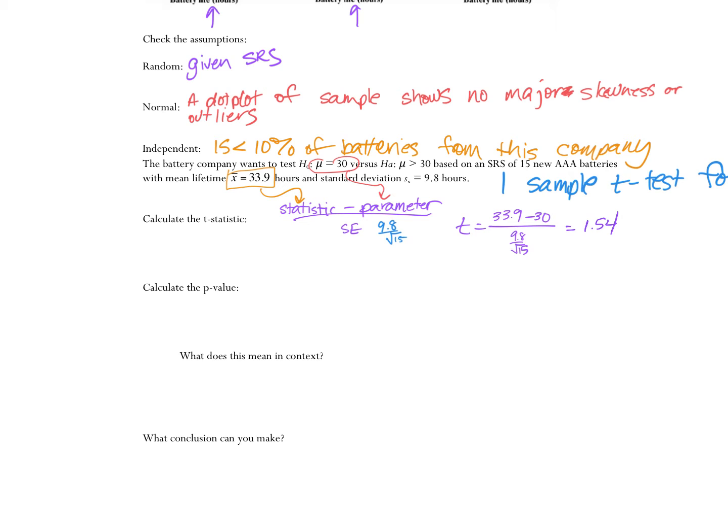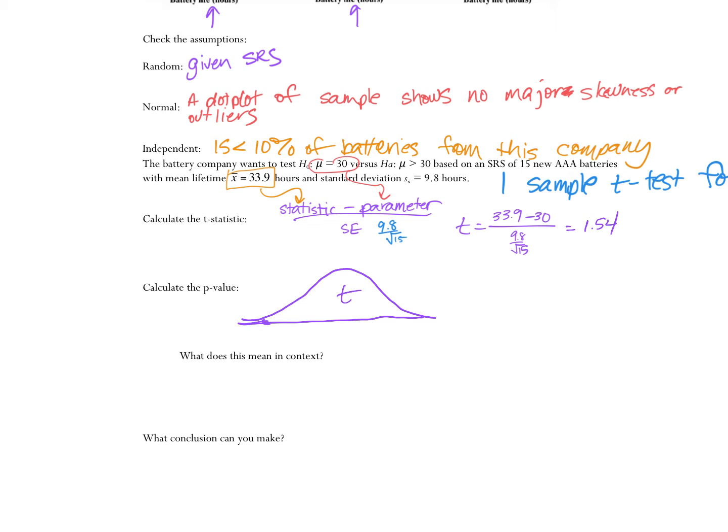All right. So, the next thing we have to do is calculate our p-value. So let's draw a picture of what we know here. What we know is the t statistic of our sample. So I want to go back to that t graph, just like when we calculated t stars.